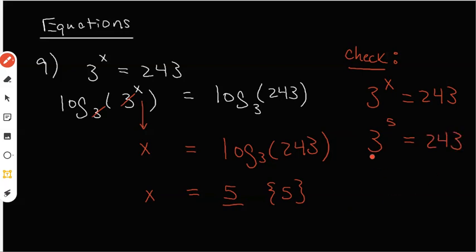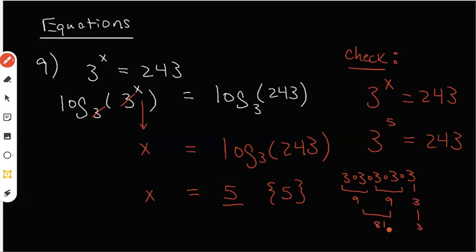And I do, because when I raise 3 to the 5th power, I get 3 times 3, 5 times. These 3's are going to give me 9. These two 3's are also going to give me 9. And then I bring down the 3. 9 times 9 is going to give me 81.